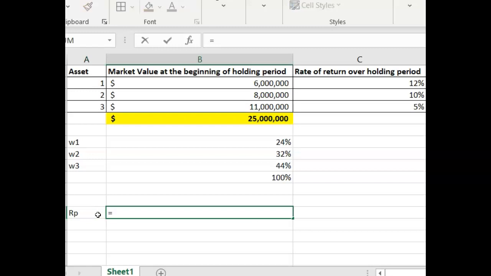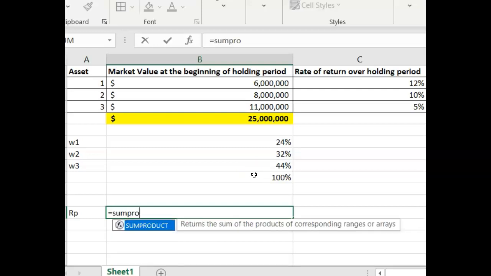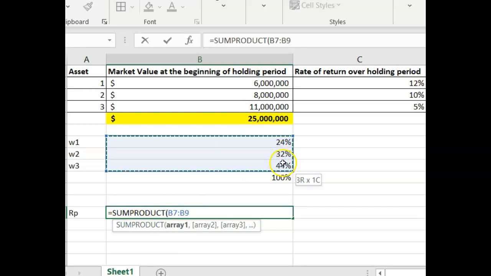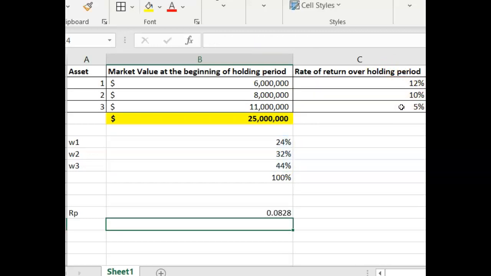Using the formula that we just discussed over the PowerPoint slides, it's a combination of the weights along with the rate of individual return for each asset. So essentially, the total return of the portfolio is a sum product of the array of weights along with the holding period returns.